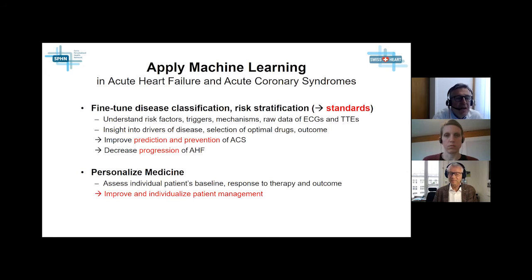This should also allow us to get insight into the drivers of the disease, selection of optimal drugs and outcome. This, as said before, should improve the prediction and prevention of acute coronary syndrome and decrease in the end the progression of acute heart failure. At a personalized medicine level, we want to assess the individual patient's baseline and response to therapy and predict outcome, meaning in the end, we want to both improve and individualize the patient management.